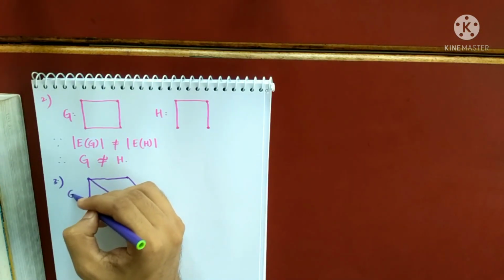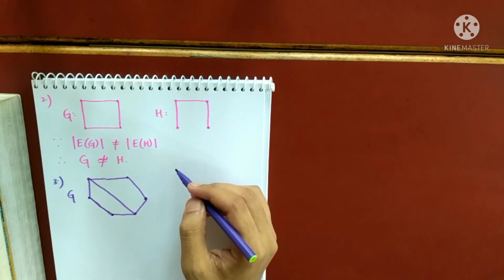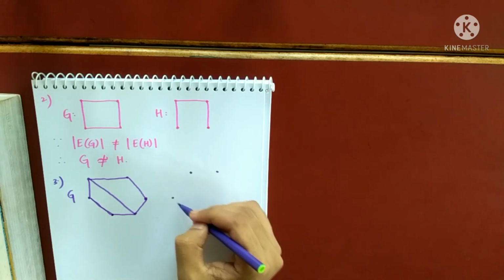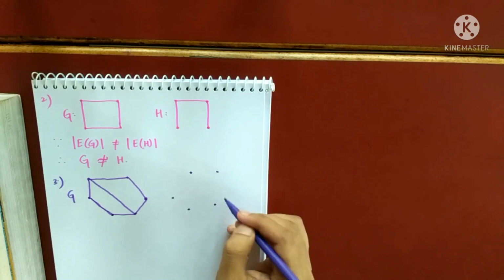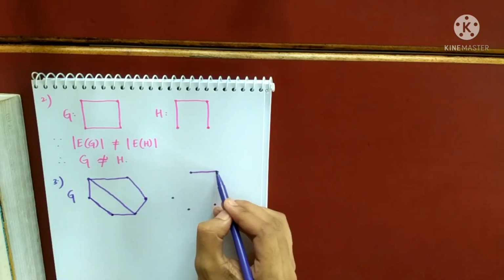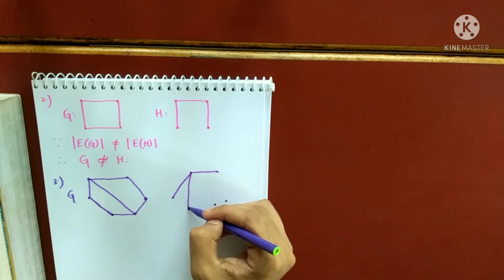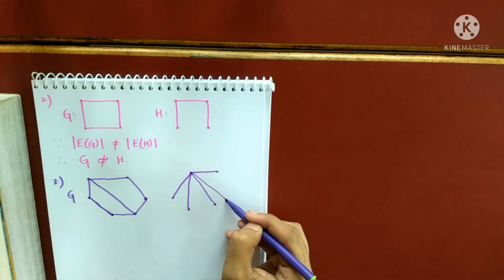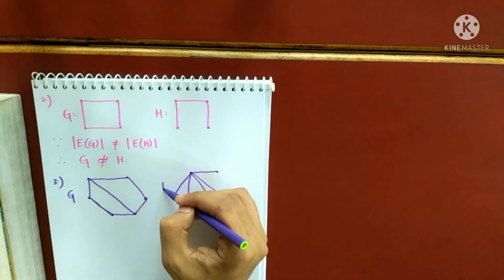Call this graph G. And let me draw a similar graph here. 1, 2, 3, 4, 5, 6. You can draw like this.